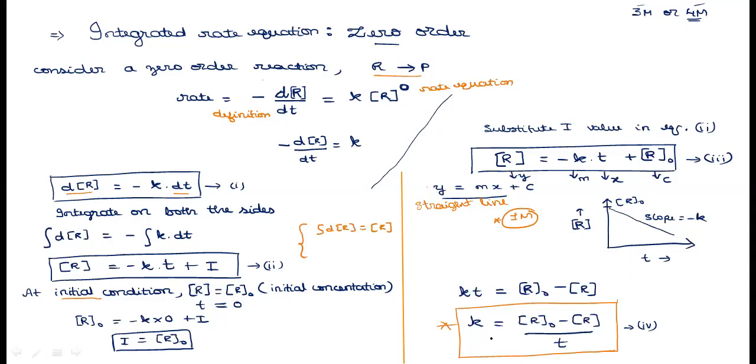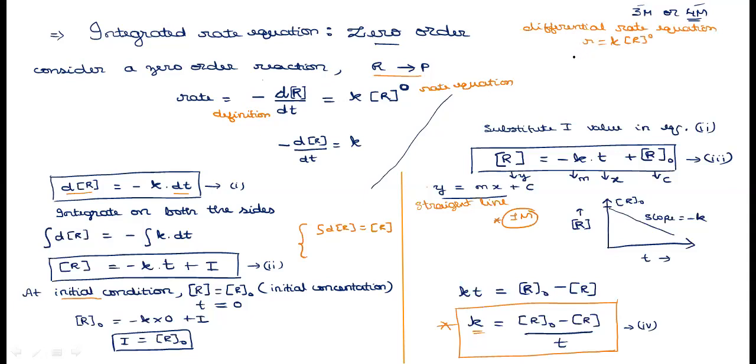The final equation form that we have obtained after integrating is called the integrated rate equation. If the question is asked for the differential rate equation, which may be asked for 1 mark, you take this form: R is equal to k into concentration of reactant to the power 0.